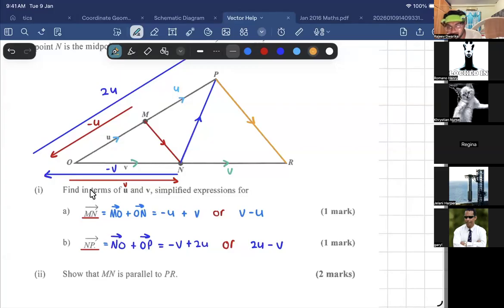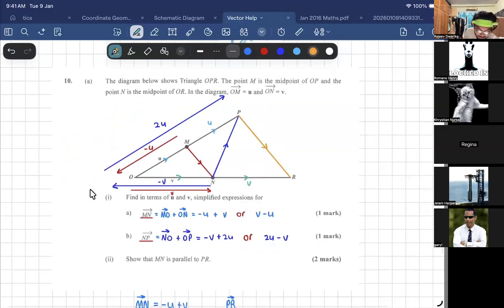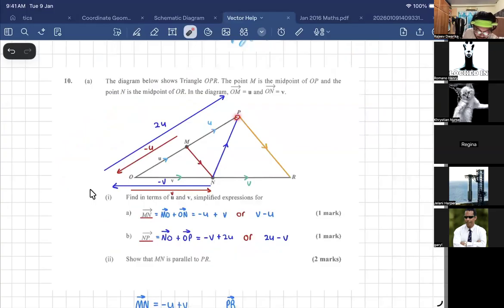Oh no, I switched it around. So it's going to be O, origin, to P, and then P to R.